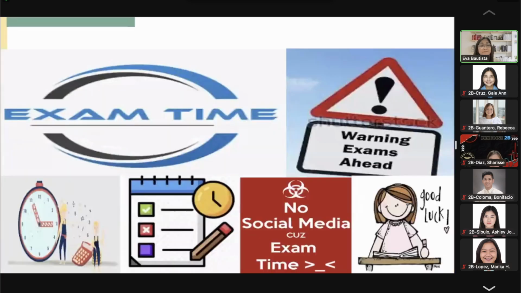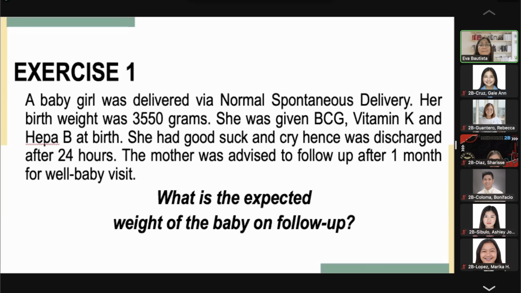So let's have some exercises. A baby girl was delivered via NSD with a birth weight of 3,550 grams. What is the expected weight of the baby on follow-up after 1 month of age? Can I call someone? What is the expected weight at 1 month?